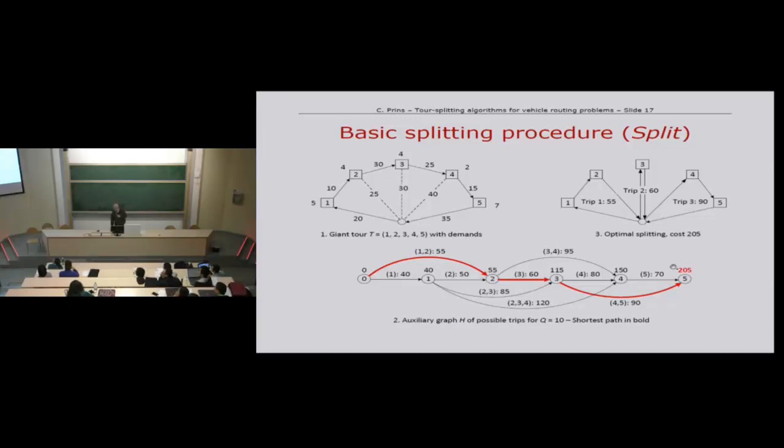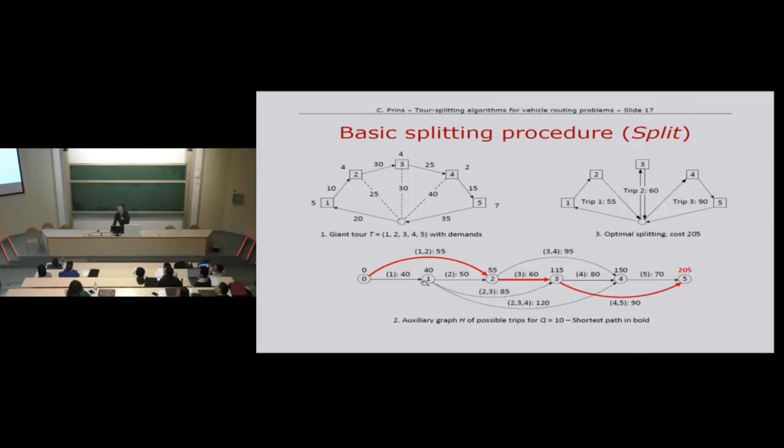So the idea is to build one auxiliary graph in which there is one dummy node, one fictitious node, 0, at the beginning, and then each other node in this auxiliary graph corresponds to one customer. And each arc in this auxiliary graph models a possible trip which can be extracted from the giant tour. So you have first all the arcs between two consecutive nodes.